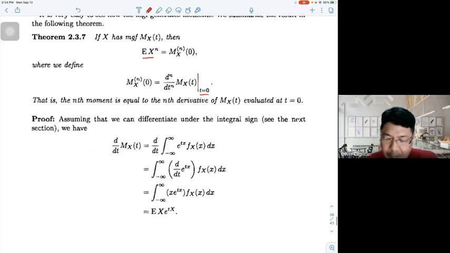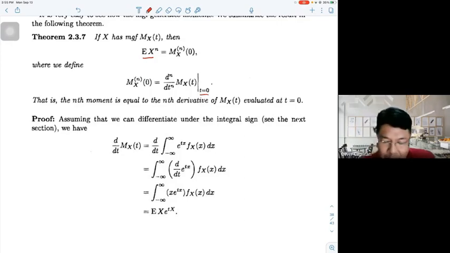Simply, it says that the nth moment of a random variable X is equal to the nth derivative of the moment generating function of X evaluated at t is equal to 0.